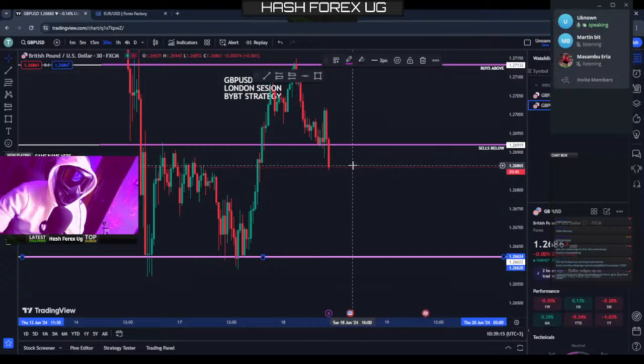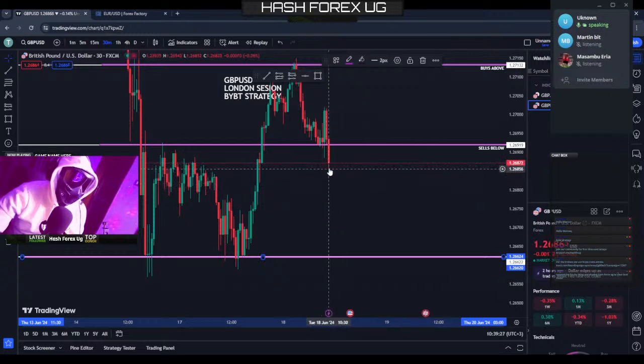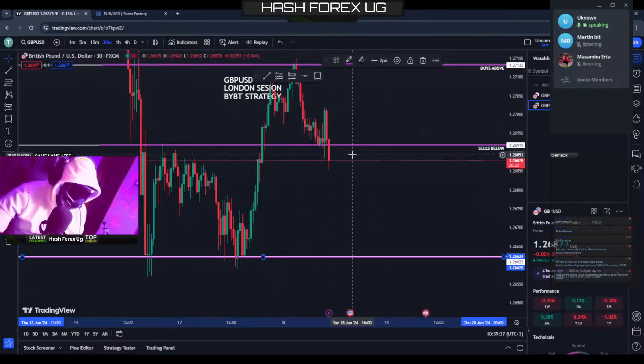So we still have 21 more minutes on this candle to see if it can close. If you make any decision before the candle closes, you might see that this candle can reject, leaving this long wick here. Yet you already entered. So that's why it's very important for you to wait for the candles to close.